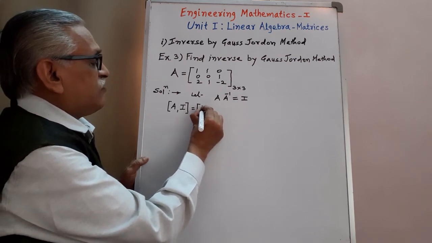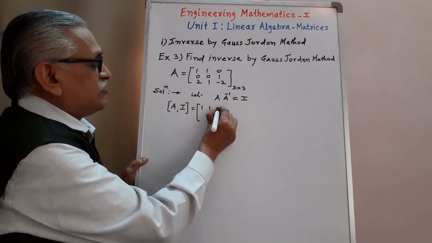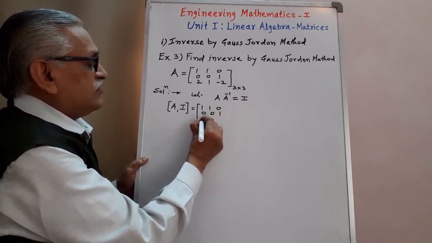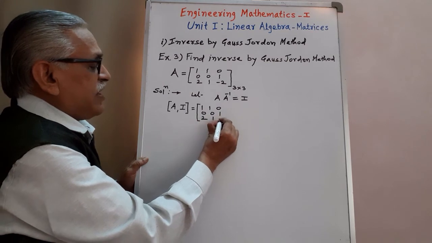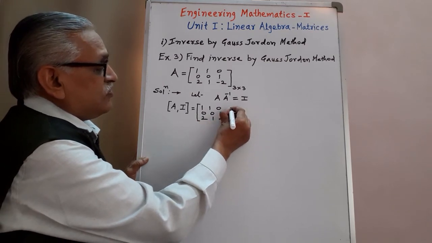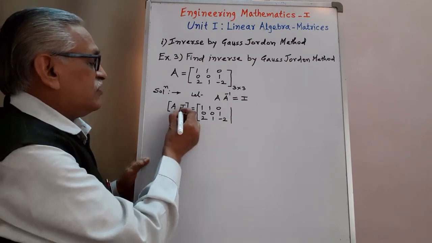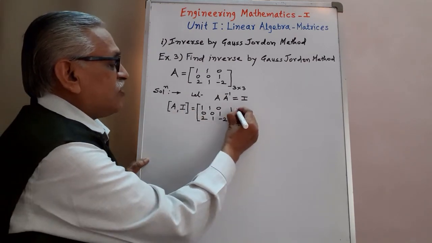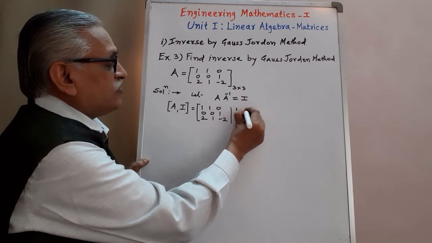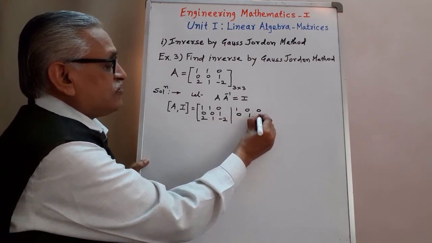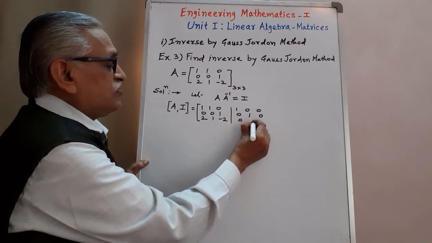That given matrix is 1, 1, 0, 0, 0, 1, 2, 1, minus 2, which we combine with the identity matrix of order 3, that is 1, 0, 0, 0, 1, 0, 0, 0, 1.